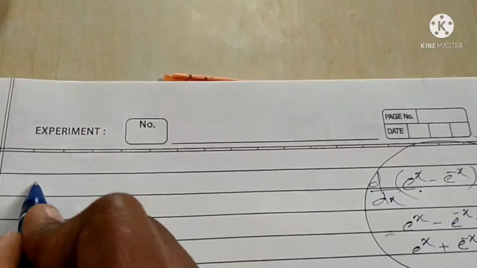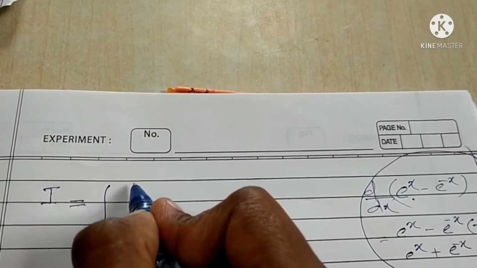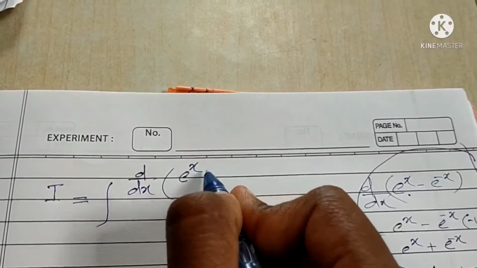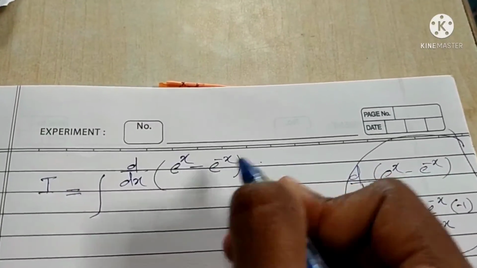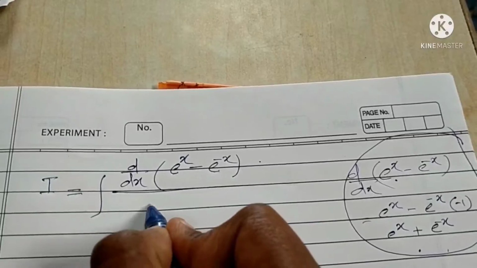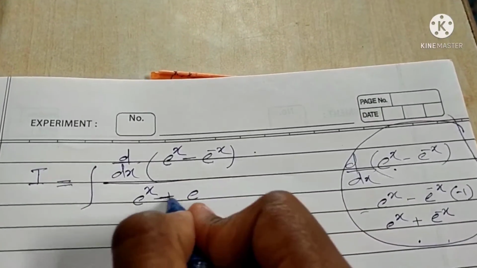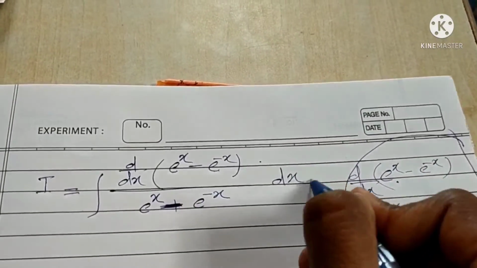So here we can write like that, I is equal to integration of d by dx of e raised to x minus e raised to minus x upon e raised to x minus e raised to minus x dx.